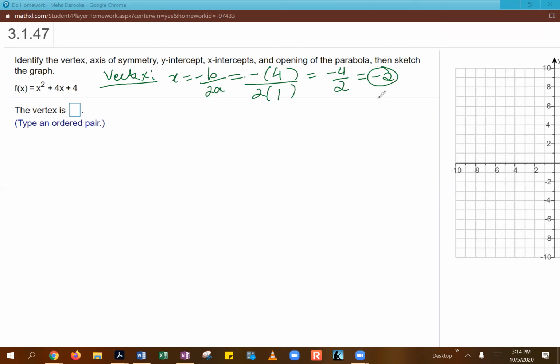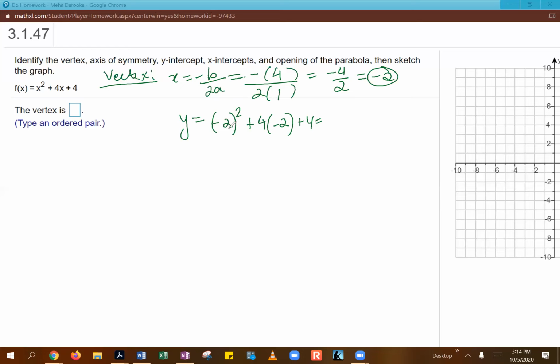Shayna, you've got negative 2, 0. Robert, looks like you also came up with that. Put this back into our equation to find the y value. So that's x squared, which is negative 2 squared, plus 4 times x, which would be 4 times negative 2, plus 4. Okay, James, not a problem.